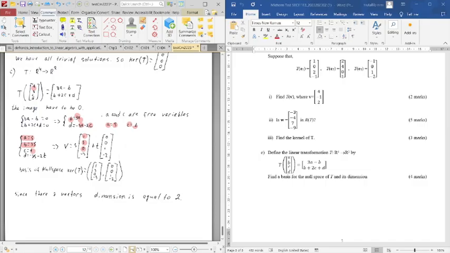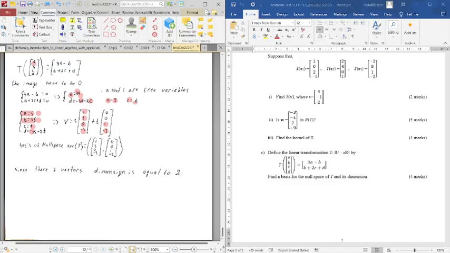In the fourth element we have negative 3, so it's negative 3, plus t times: first element we don't have anything, so it's 0; second element nothing, so it's 0; third element we have 1; and for the fourth element we have negative 2. So the basis of the null space, or kernel, of the given T is these two vectors. Since there are two vectors, the dimension is equal to 2.